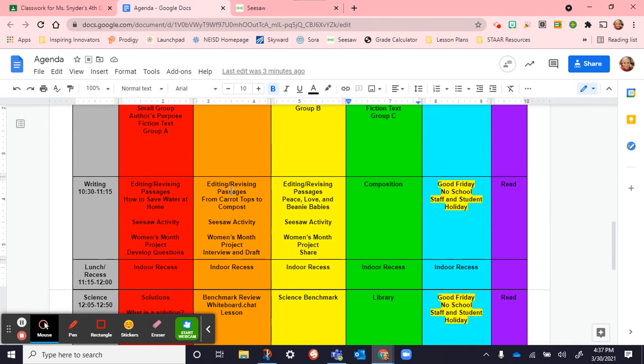And in writing today, we did the passage from Carrot Tops to Compost, and that's in Seesaw. And then for our Women's Month project, yesterday we developed our questions. So we were coming up with questions that we could ask a woman in our own personal life, getting some opinions on why we celebrate Women's Day or Women's Month, talking about the history and how far women have come, and maybe some challenges that we may not think about, because things today aren't quite like they used to be, but there are still some challenges.